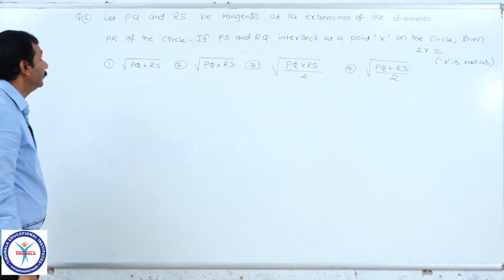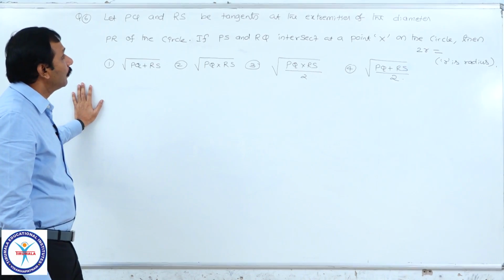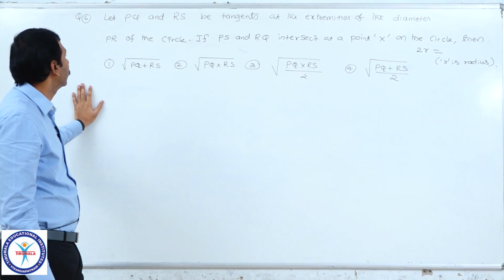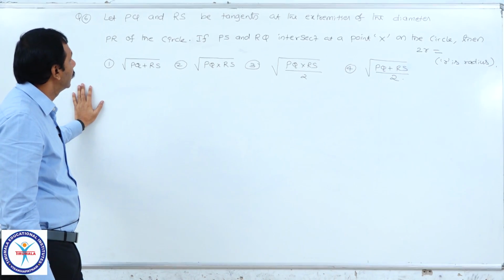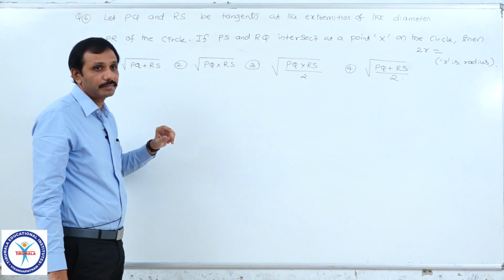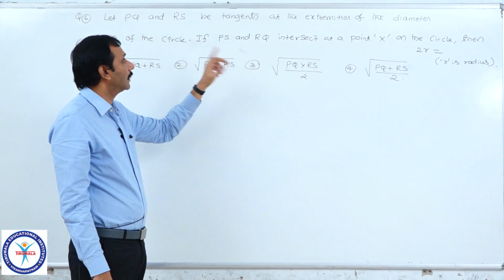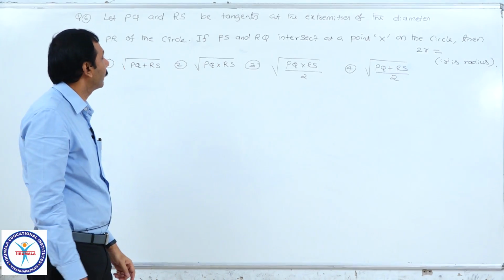Let us see this problem. Let PQ and RS be tangents at the extremities of the diameter PR of the circle. So, PR is the diameter. They have given PQ and RS are the tangents at the ends.